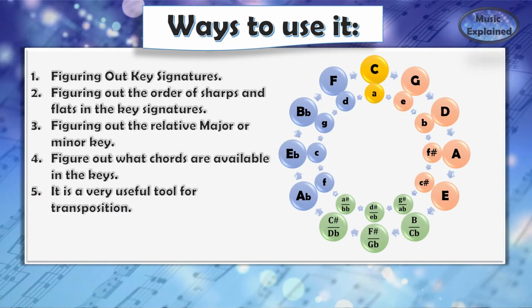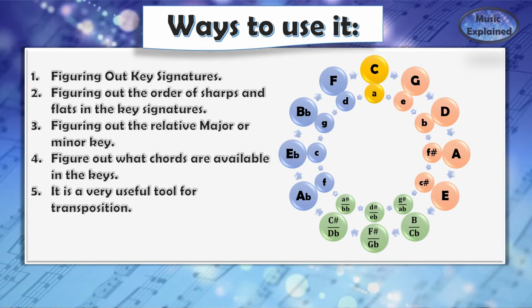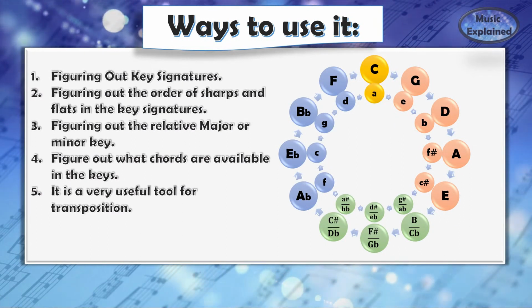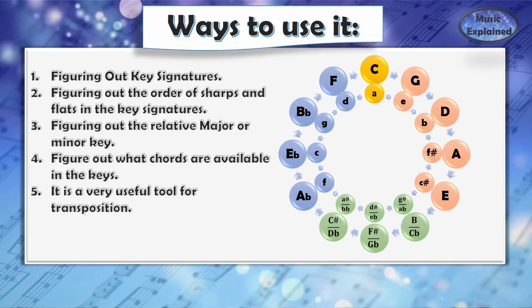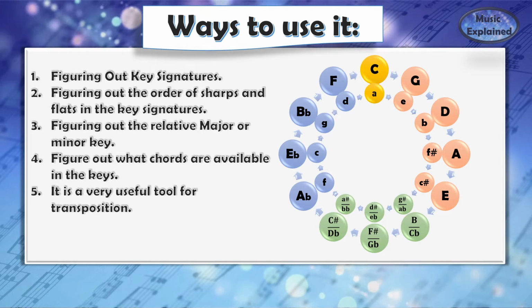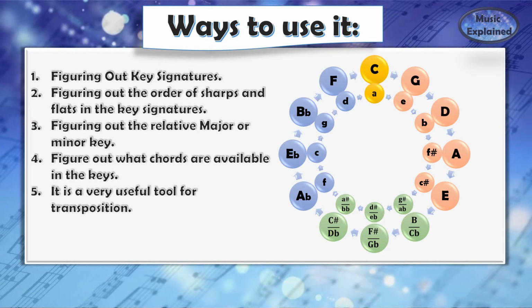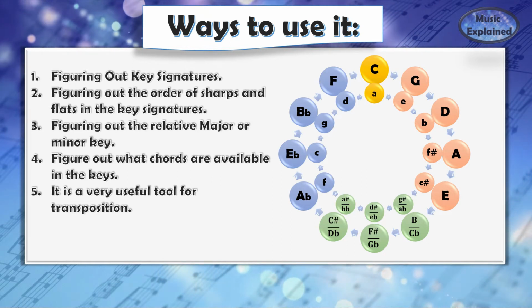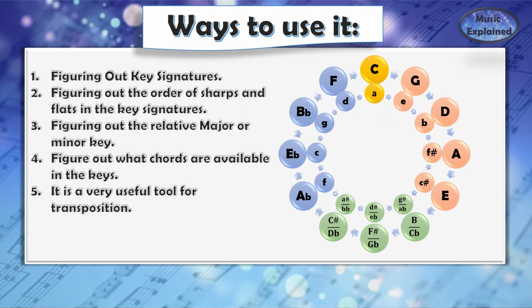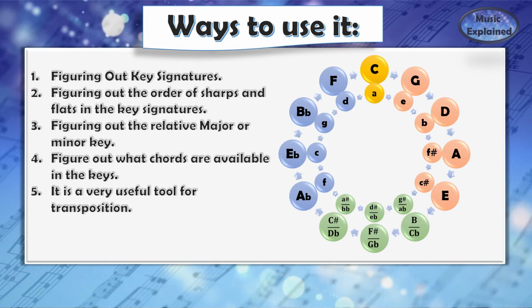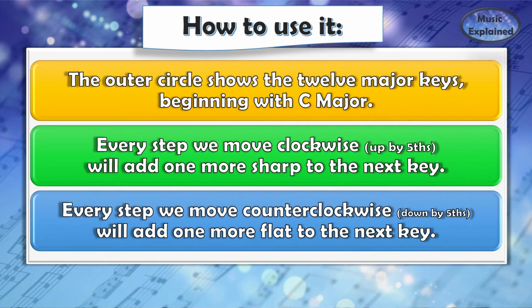Ways to use it. The circle of fifths can be used to figure out the key signatures, the order of sharps and flats in the key signatures, the relative major or minor key, to figure out what chords are available in the keys, and it is a very useful tool for transposition. How to use it?